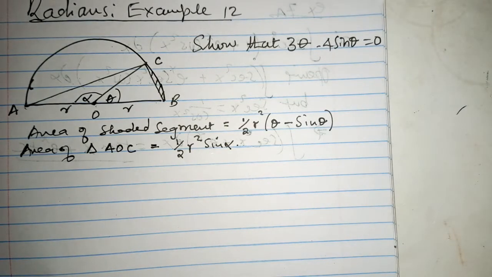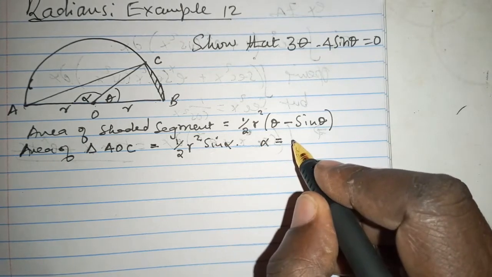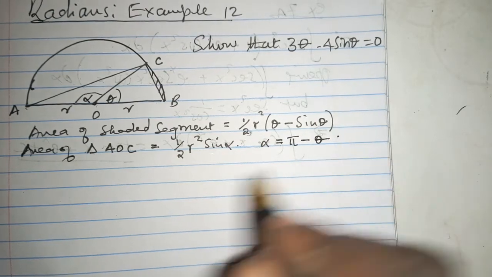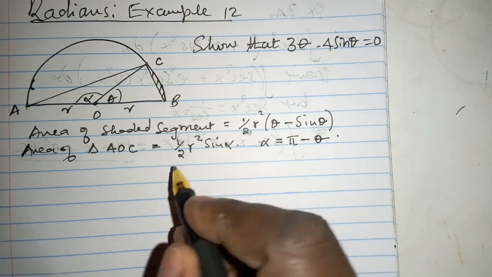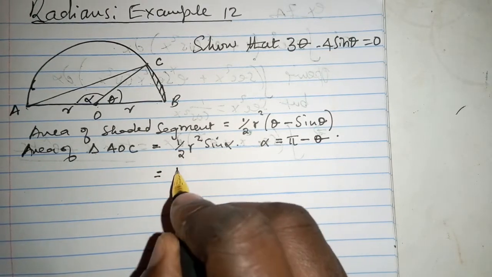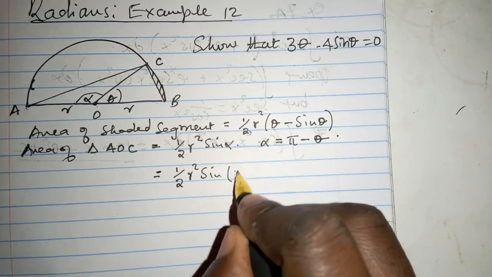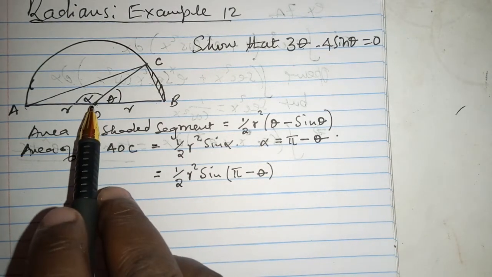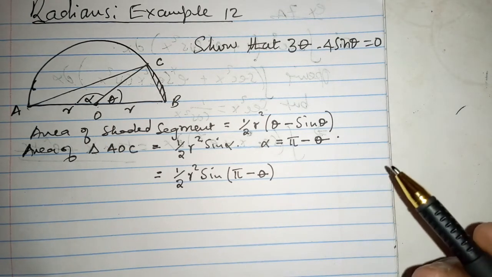But there is a special relationship between alpha and theta, because alpha is equal to 180, which is pi, minus theta, since angles on a straight line add up to 180 or rather pi. So the area of that triangle is a half r squared sine of pi minus theta, because we do not have an angle called alpha, but we have theta.